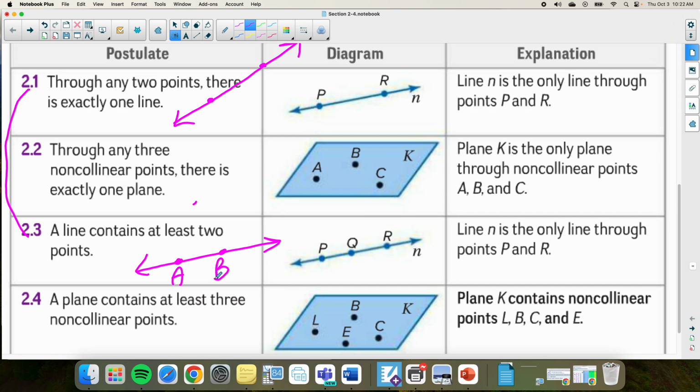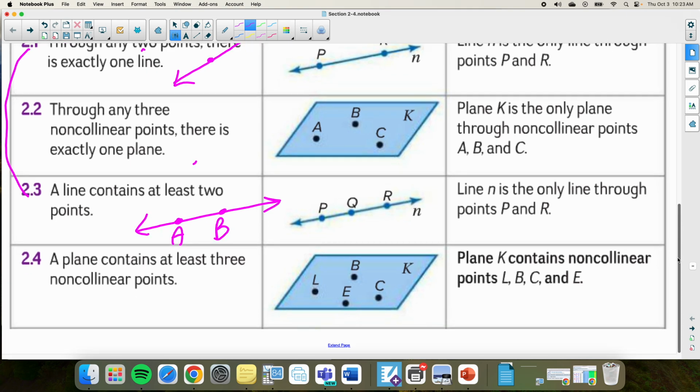Now, one thing that's a little confusing today is if they're talking about points and a line, like are they referring to 2-1 or 2-3? I don't get really worried about which one you choose. So if the answer was 2-1 and you told me 2-3 or vice versa, that would be fine, okay?